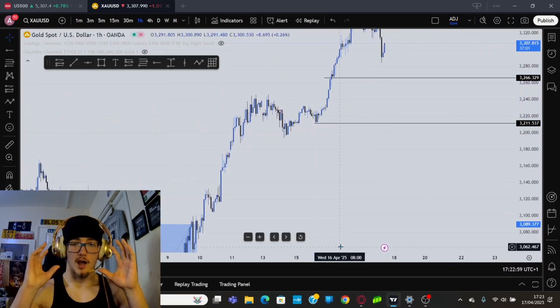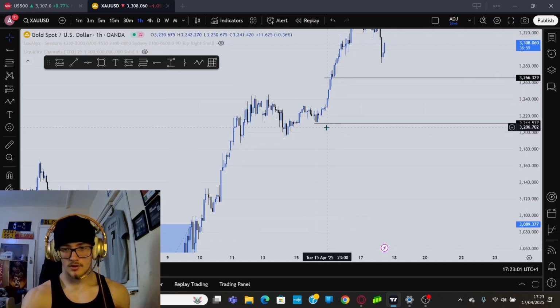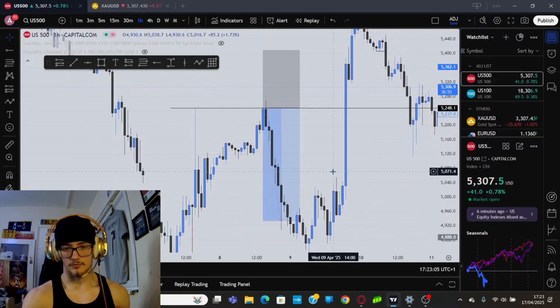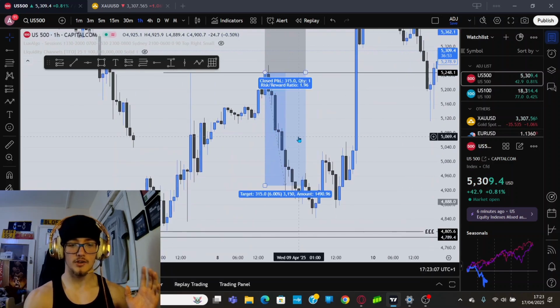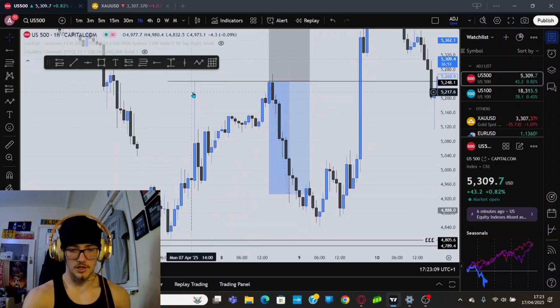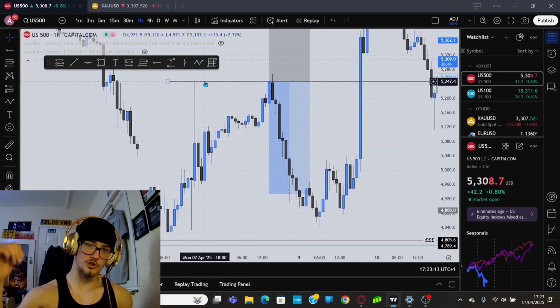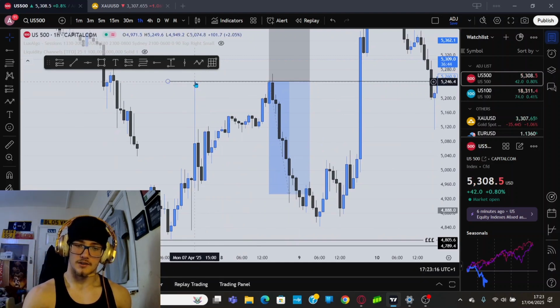So how I like to enter a trade is, let's show on the S&P right here. For example, on the hourly time frame, as you can see, on Monday there was a big news candle which made a huge swing high, and this is resting liquidity.